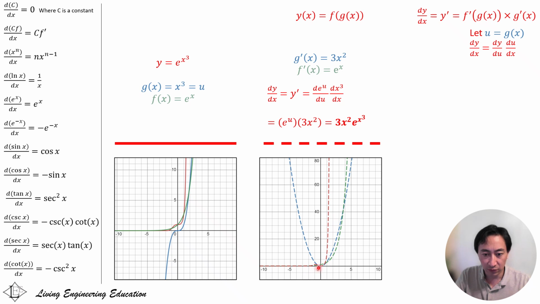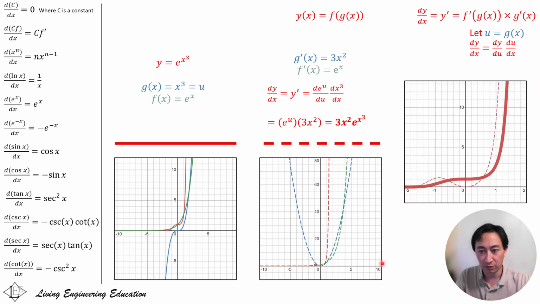The derivative is in red, in the red dashed line here. There's my 3x squared in blue, and then in green is e to x again. And if I take a closer look at just the function, here's my e to x cubed, and the dashed line is my derivative, 3x squared e to the x cubed.